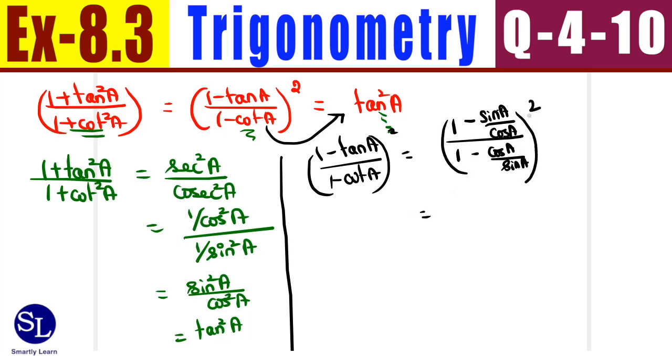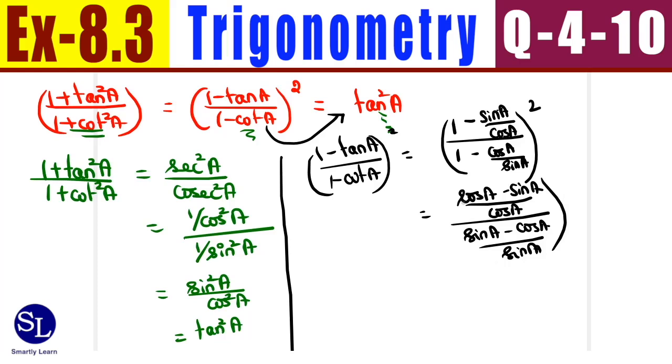Now I'm going to take the LCM in the numerator and the denominator. So the numerator will become (cosA minus sinA) by cosA, the whole thing divided by (sinA minus cosA), the whole thing divided by sinA. And remember, we still have the square to contend with, so I'm putting it again.